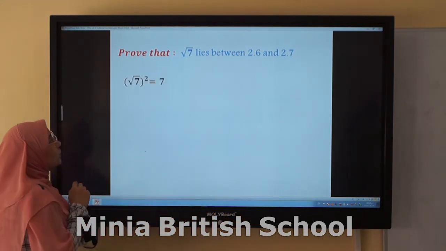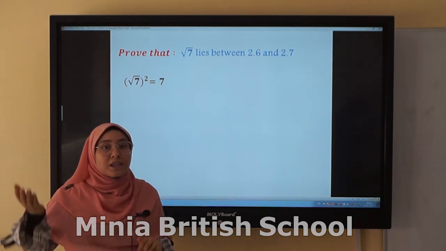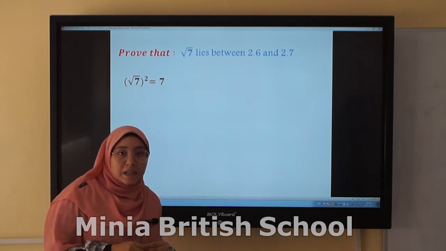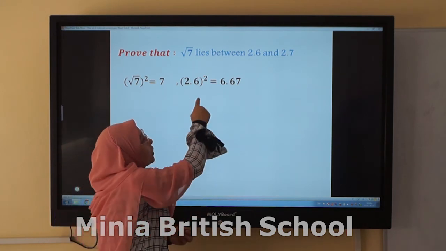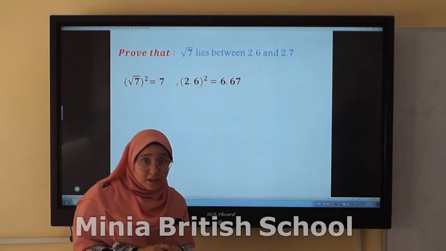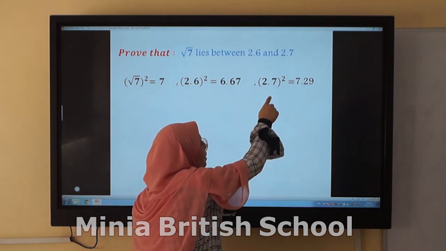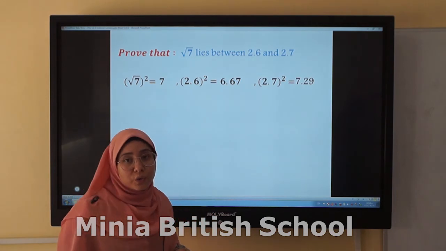So, root 7 raised to power 2 equals 7, because root 7 times root 7 equals 7. 2.6 raised to power 2 equals 6.76 and 2.7 raised to power 2 equals 7.29.